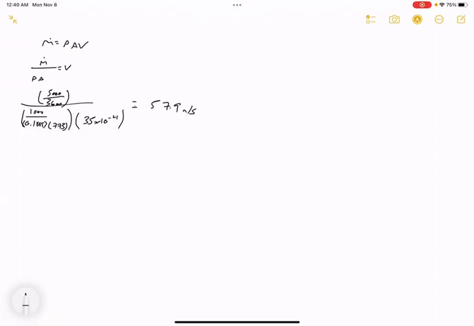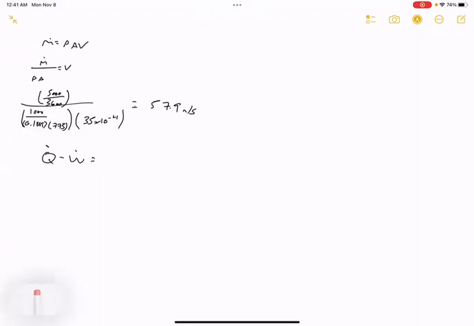Now, the next part of the question asks us to find the temperature. The way we can do this is to appeal to the first law of thermodynamics, which we know by now is Q dot minus W dot equals whatever type of energy we have. In our case, this is a steady flow device, so we're going to use enthalpy.